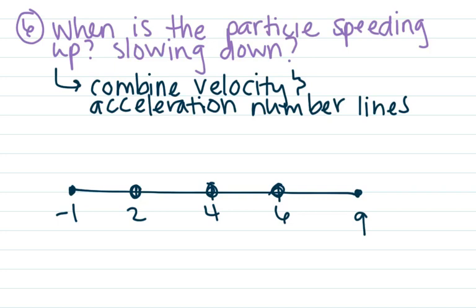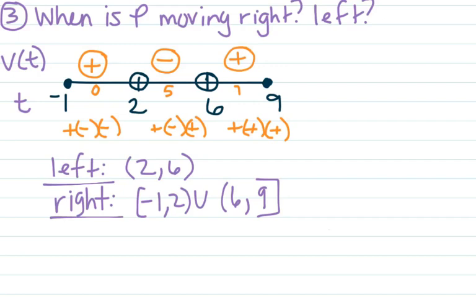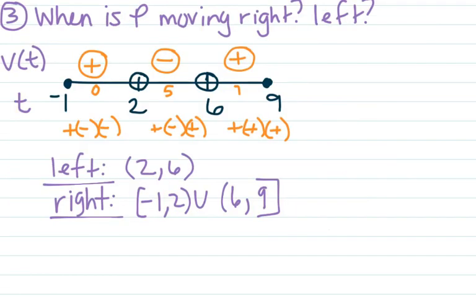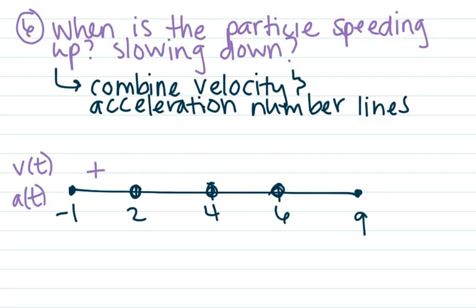Alright, so now I'm going to put our velocity signs on the top and our acceleration signs on the bottom. You obviously can do it whichever way, it doesn't matter. Okay, but let's go back and look at velocity. So the velocity was positive from -1 to 2. Okay, then it was negative from 2 all the way to 6. So it's negative here, and it's still negative here.